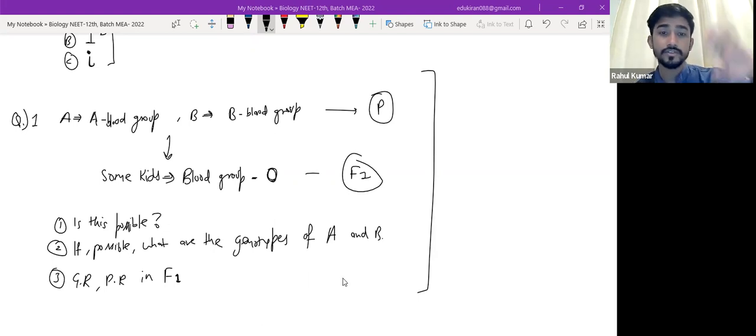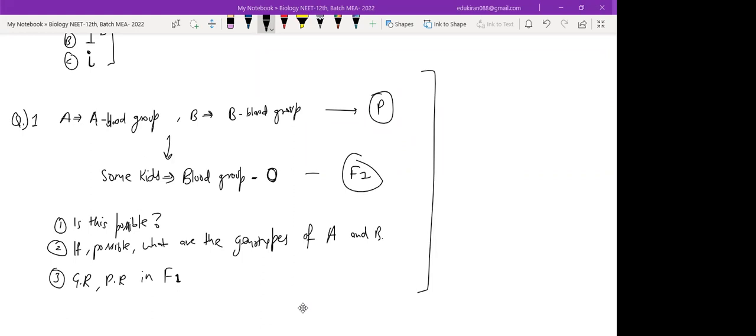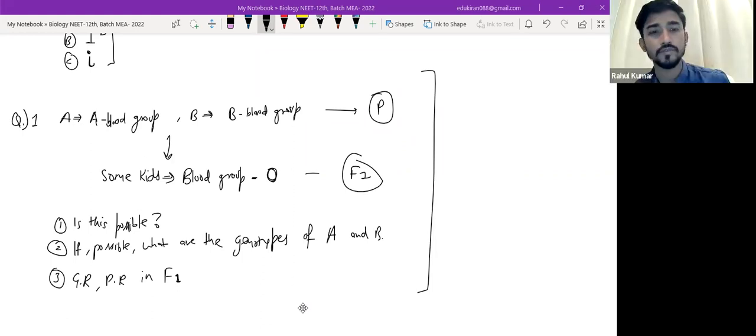Those who finish the question and find the answers will just write done in the chat and I'll come to them. Okay, understood, everyone? Everyone, am I audible? Yes, sir. Just write done in the chat if you have solved the question. Now you have to be a little faster. Try to be faster with every problem.